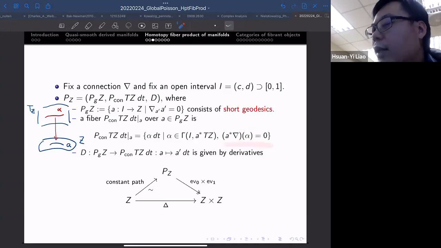So it is a kind of constant section with respect to this connection.